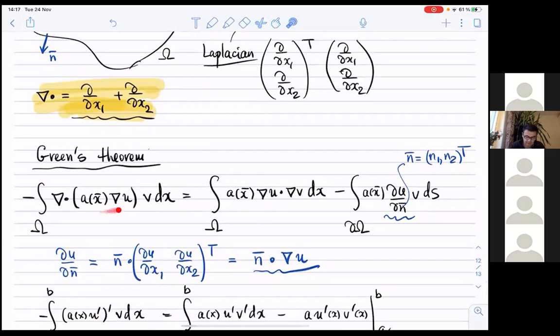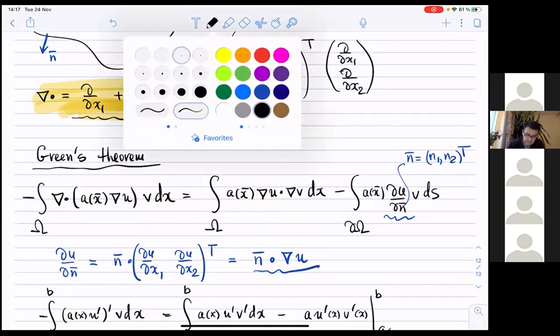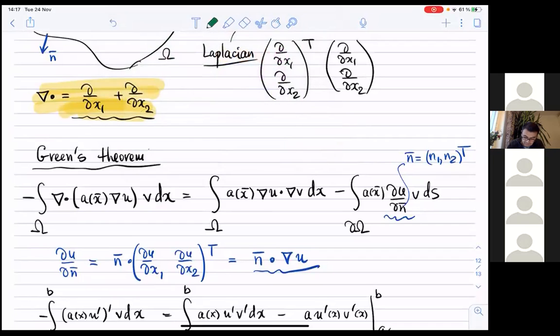And we also recalled what integration by parts is in 2D. Usually they call it Green's formula. Here we have a second order derivative on the left. We do integration by parts. We move this divergence to v. And this little dot is a scalar product, because this one is a vector and that one is a vector.